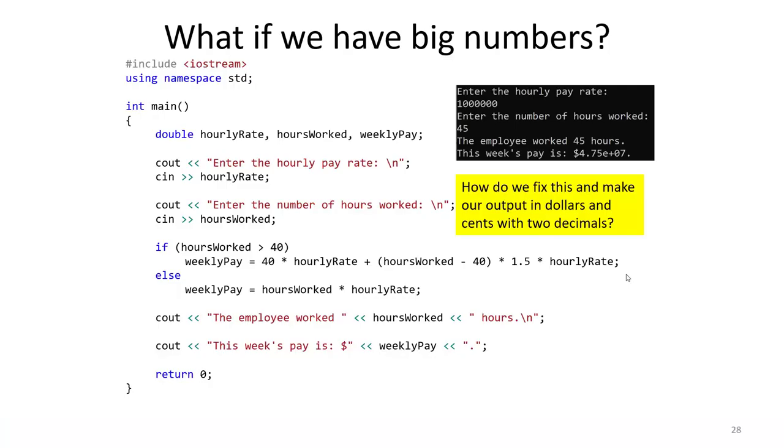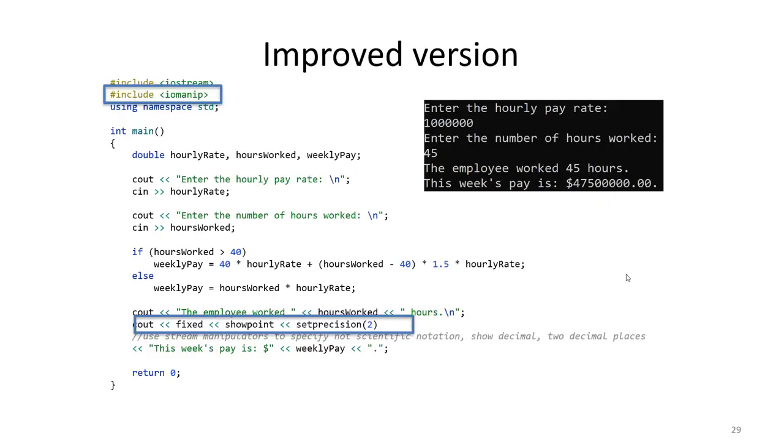So once again, just to recap, if we want our program to show dollars and cents, then it's a good idea to make sure that we also include that I/O manip and use our set precision and other manipulators here to show decimal, not scientific notation, and 2 places.